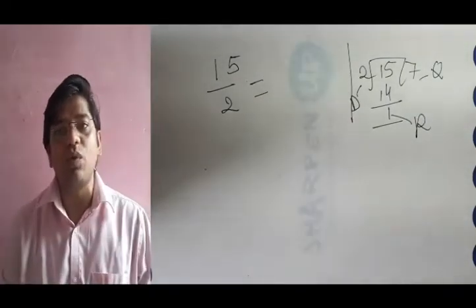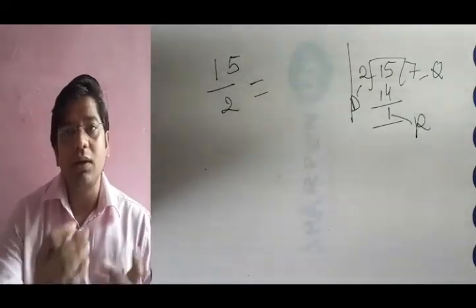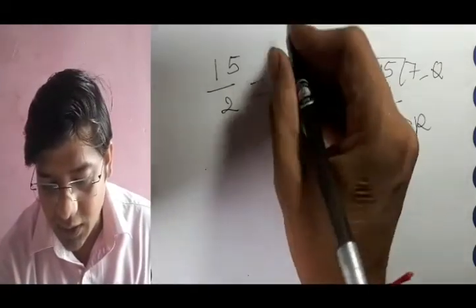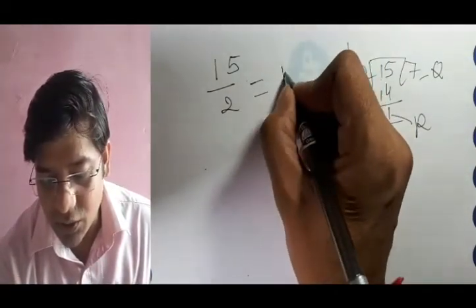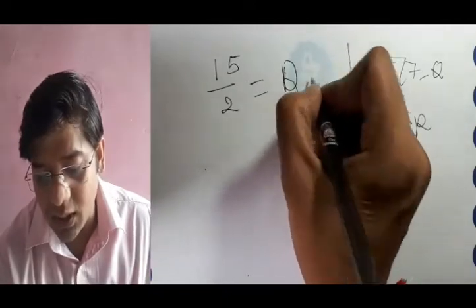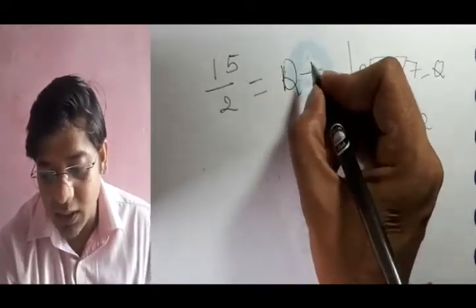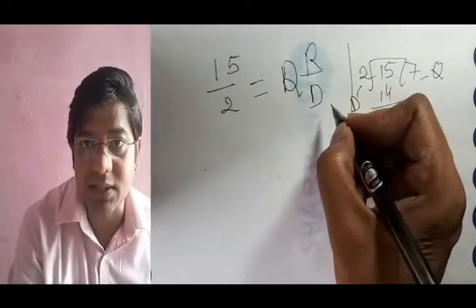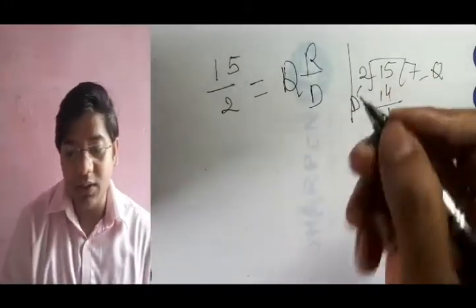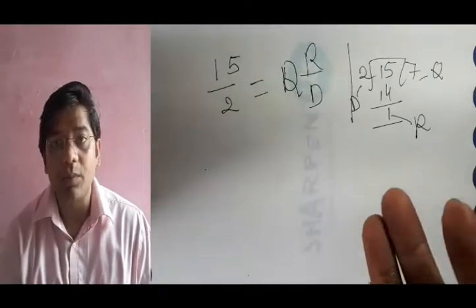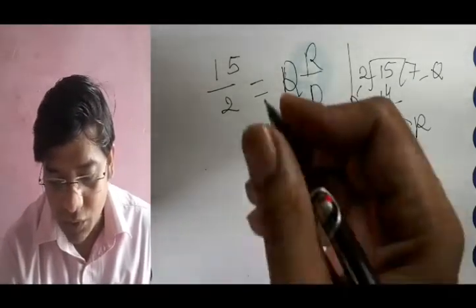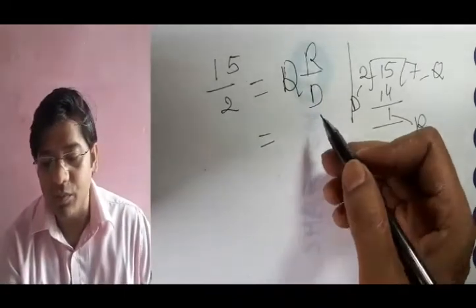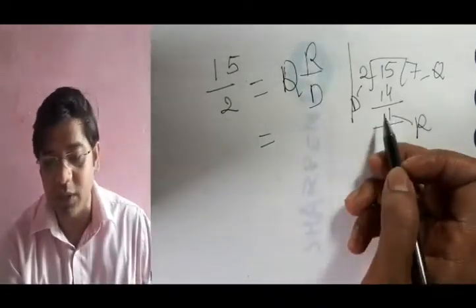To convert an improper fraction into a mixed fraction, first of all you need to know the form of the mixed fraction. The form of a mixed fraction is: first you write the quotient, then you make a line, then the remainder is written above, and then the divisor, like this. So if I use this form to write my mixed fraction, I can take values from here.